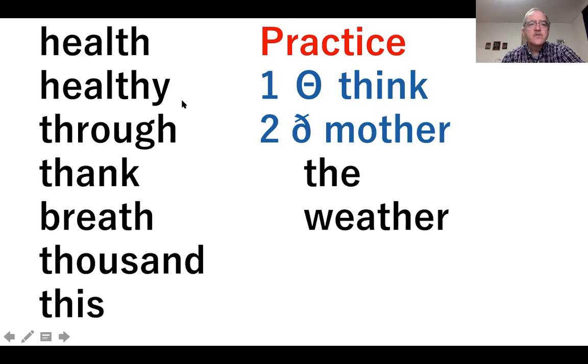Voiced. Okay, let's go over the rules again. At the end of a word, it's always no voice. At the end of the word, if you add the Y, it's still no voice. At the beginning of the word, like through, there's no voice at the beginning of all words except for the 9 you memorize. Thank, no voice, it's at the beginning. Breath, no voice, it's at the end. Thousand, no voice, it's at the beginning. This is one of the 9 words you memorize. The, this, that, those.